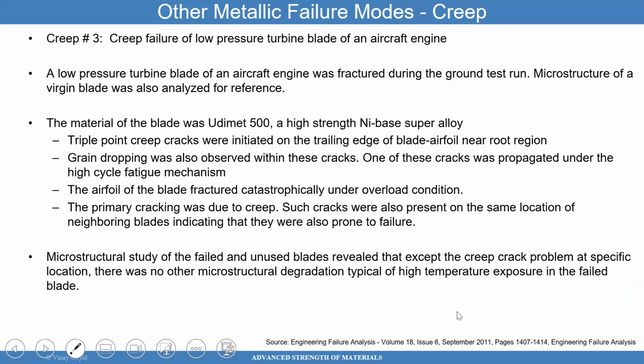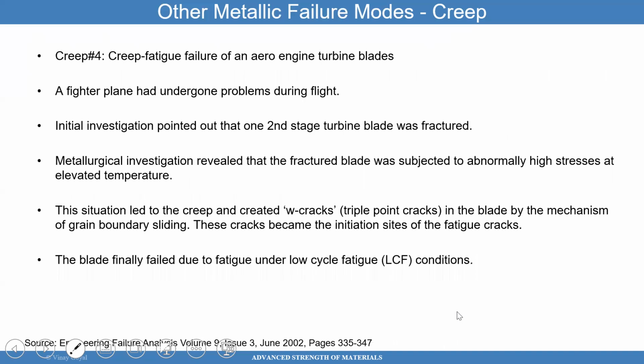And then there's another example of an airplane that had a situation with creep in the low pressure turbine blade. More examples: a fighter plane had an issue with the second stage turbine blades, and a metallurgic investigation found that creep was a major contributor.